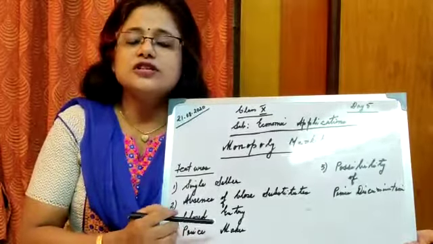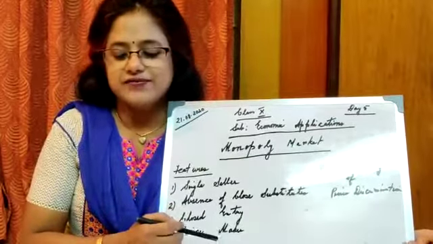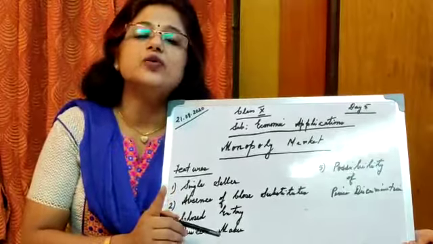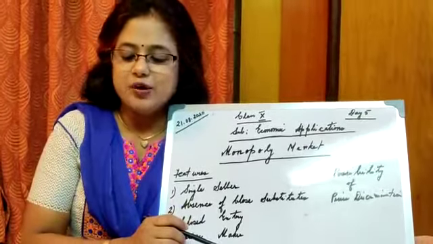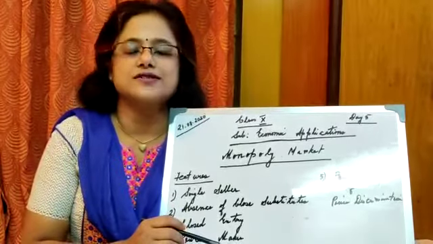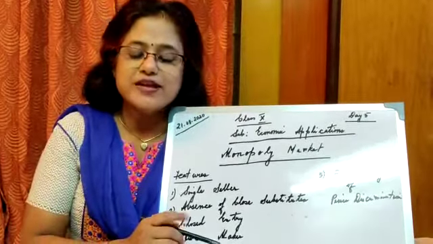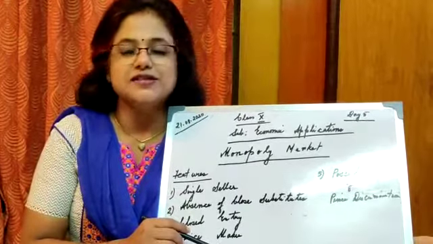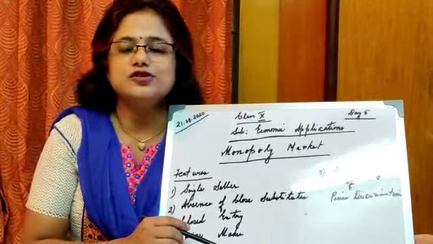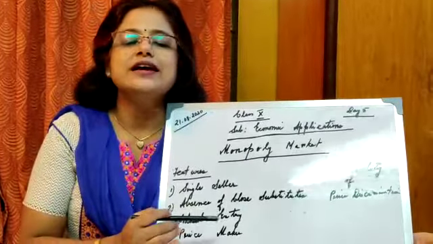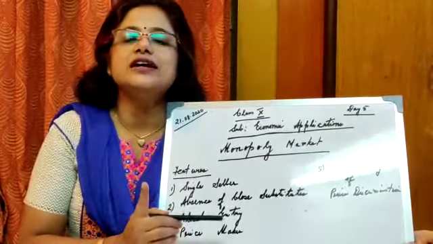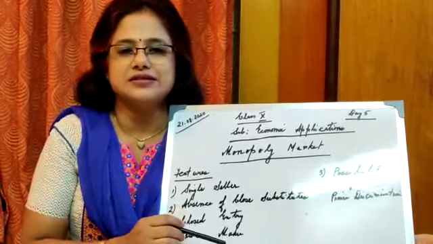The term monopoly is derived from two Greek words, namely monos and polos. Monos means single and polos means a seller. So, you can understand that monopoly is a market where only one seller prevails.